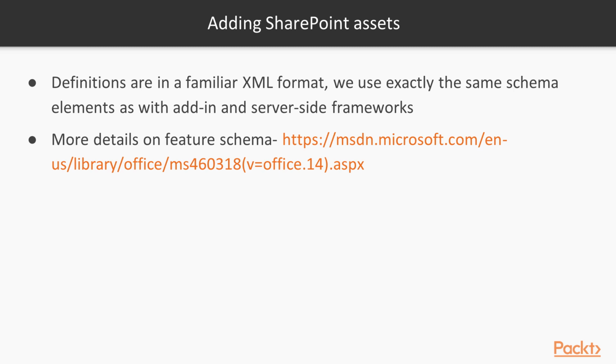So usually we have two files, elements.xml and schema.xml. The first one we use to define columns and content types and list instances, and the second one is used to contain list schemas. You can find more details on the reference on the feature schema in this link, which will take you through to the Microsoft MSDN page.